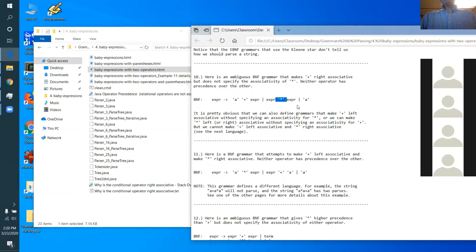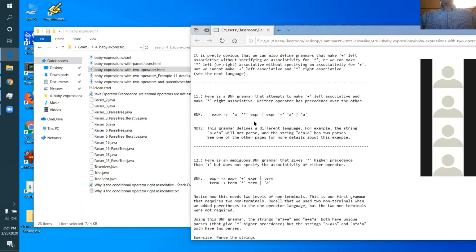The grammar is saying that addition is right associative and multiplication is not associative, but you can't write a parser for this grammar because it's ambiguous. So the grammar is not in a sense incorrect, but it can't really be implemented as a recursive descent parser. And you can't really do much parsing with it because it's ambiguous.